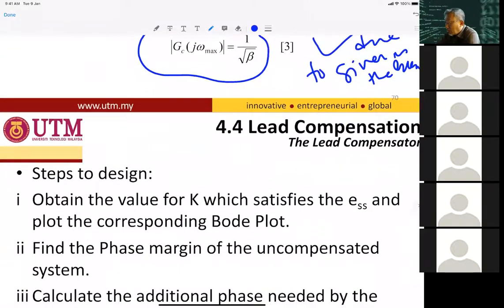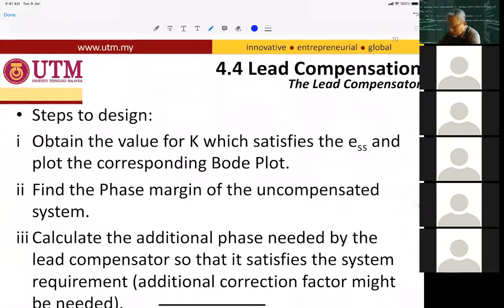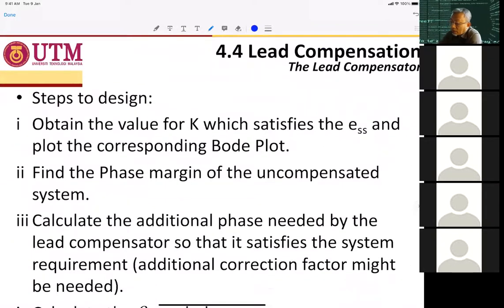Similar to lag compensation, for lead compensation there are also steps to design it. Step number 1 is to obtain the value of K which satisfies the steady state error, and then plot the corresponding Bode plot. This is given.